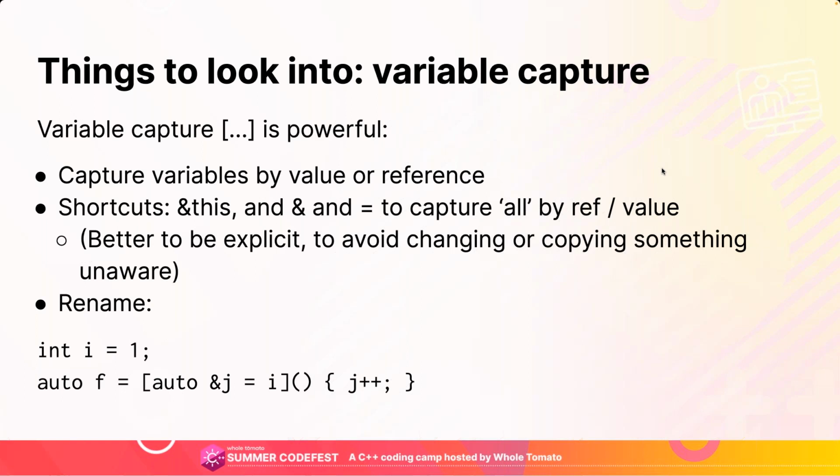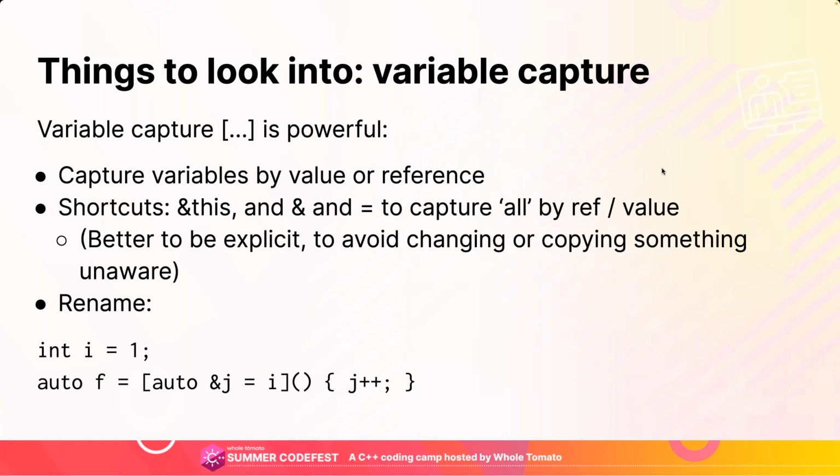There are some shortcuts, so you can capture this to give you access to the current class instance, the current object. And there are also shortcuts such as ampersand to capture everything by reference and equals to capture everything by value. Now look, personally, I would caution against using these, because when you capture everything, you don't really know what you're capturing, or rather, it's kind of imprecise.